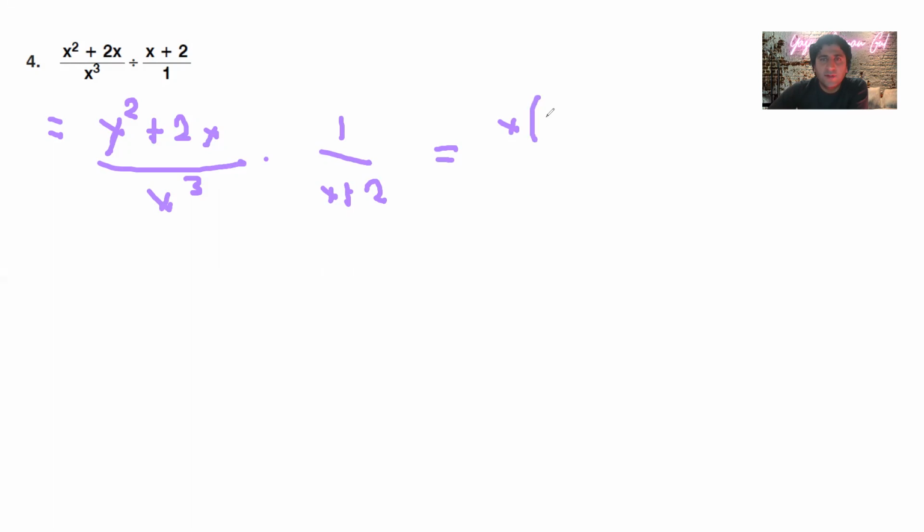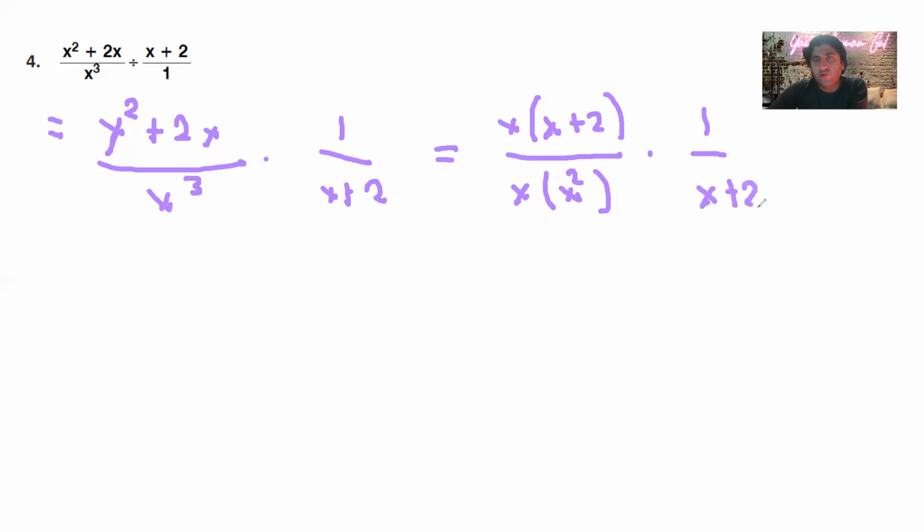Then x plus 2, over, and x cubed is x times x squared, and then times 1 over x plus 2.